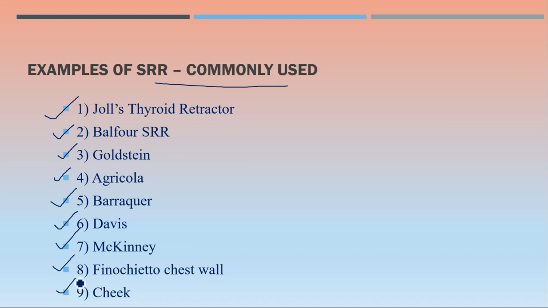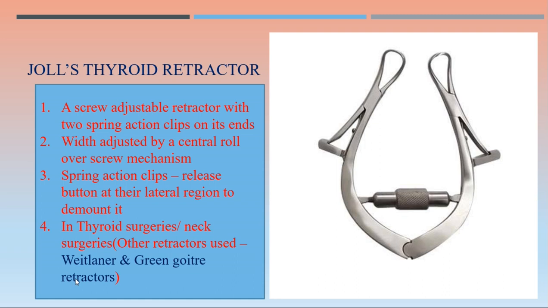All these are examples of self-retaining retractors, where once applied, we don't require the continuous force to retract the tissues. Only once it is required for adjustment, right? So these were the names of the self-retaining retractors.